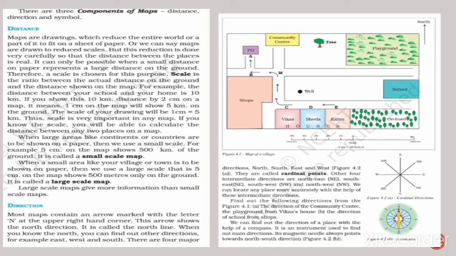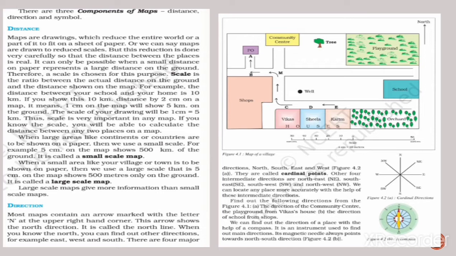Now let's discuss the second component of a map, that is direction. In a map, we can see an arrow marked with the letter N at the right corner of the map. It indicates the north direction, and we can call it the north line.